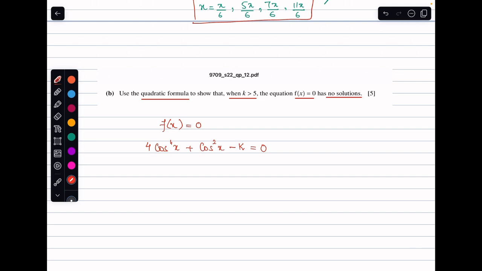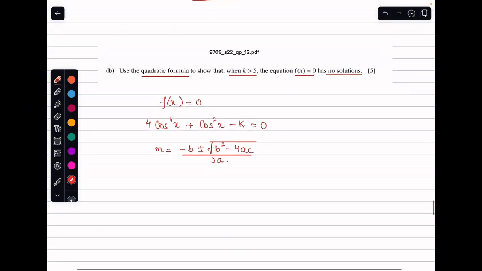So when k is greater than 5, this is also the condition that we should be having here. We know that the quadratic formula is given as m equals negative b plus minus under root b square minus 4ac divided by 2a.